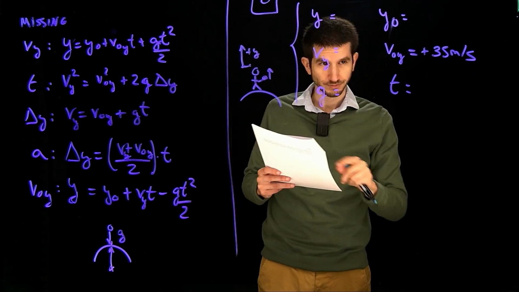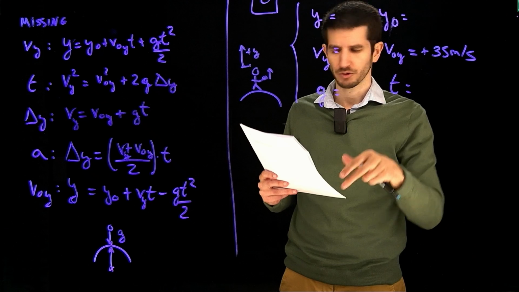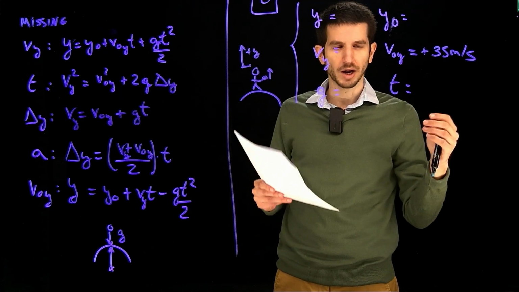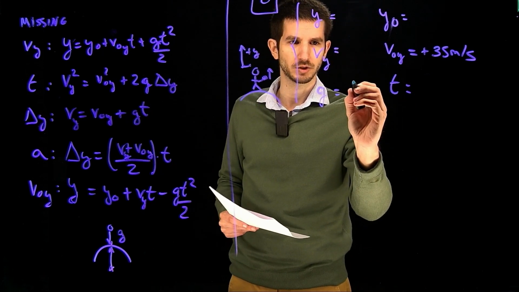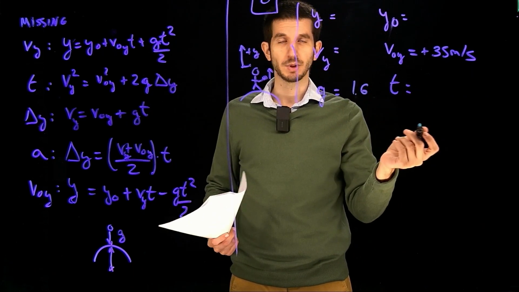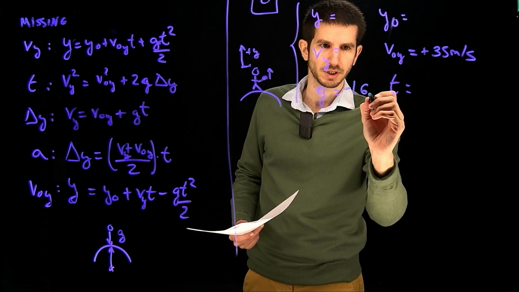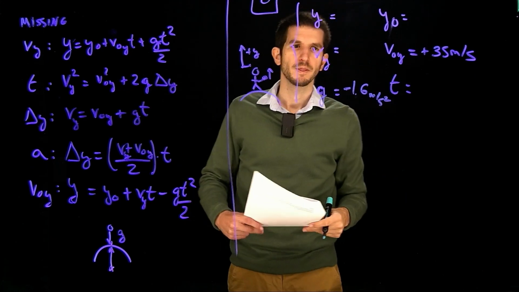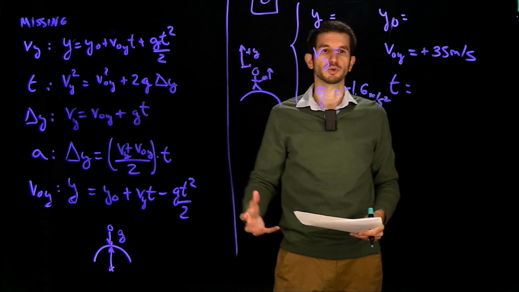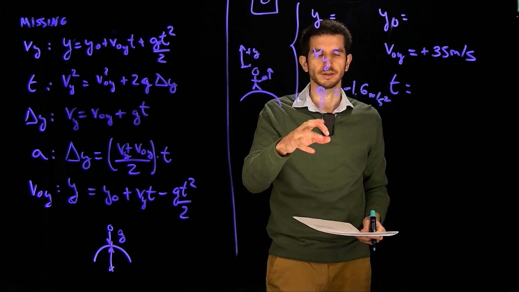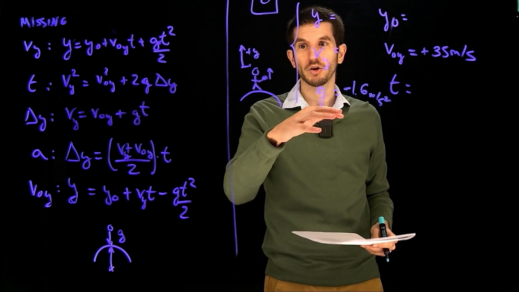So we first identify 35 meters per second, and then we say due to the gravity there is 1.6 meters per square second. Now it's 1.6, instead of being 10 as on Earth, but it's also going to be negative, because it's pointing down. So objects on the moon also fall, but they fall at about a sixth actually of the gravitational acceleration of Earth.